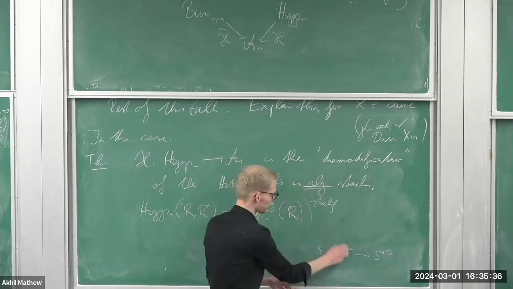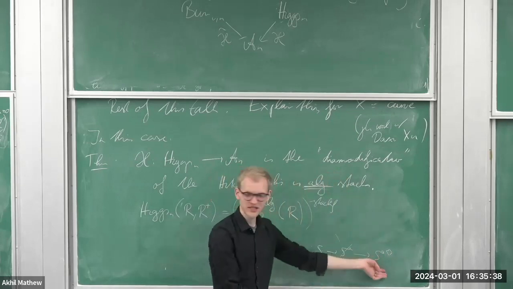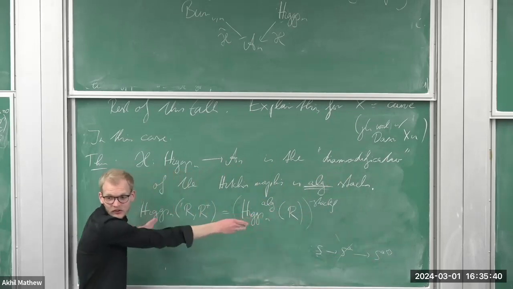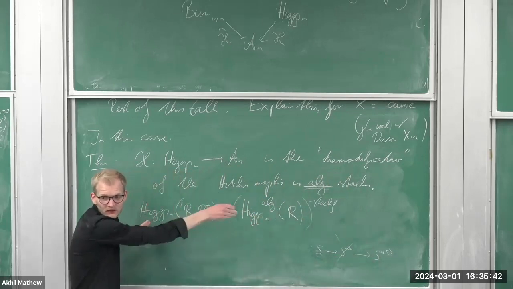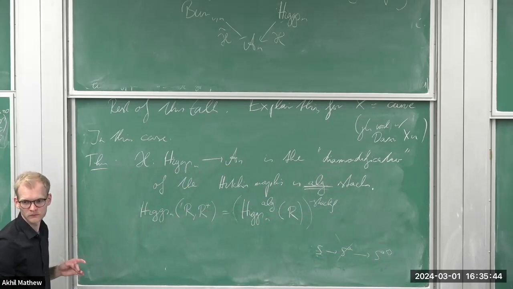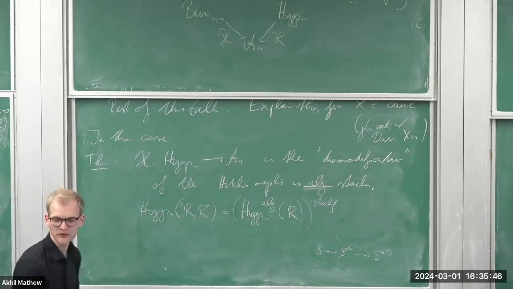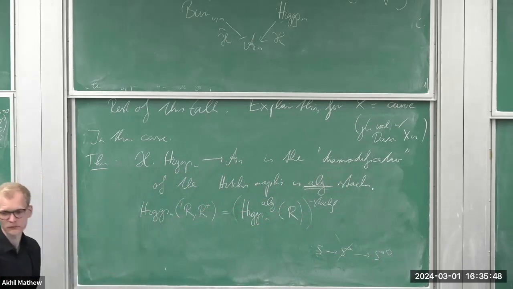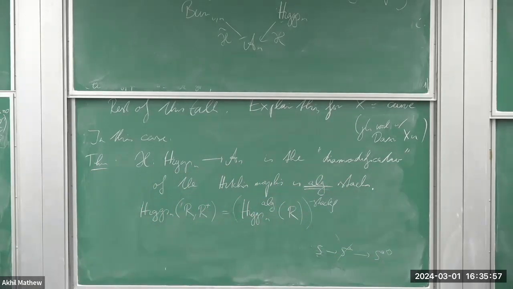But I can also skip this step and just transform the scheme immediately to the associated diamond, and this is just the stack version of it.